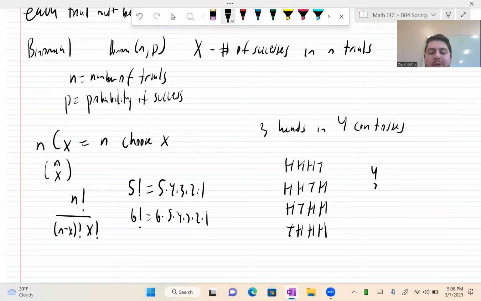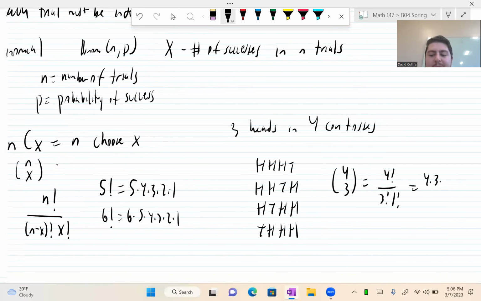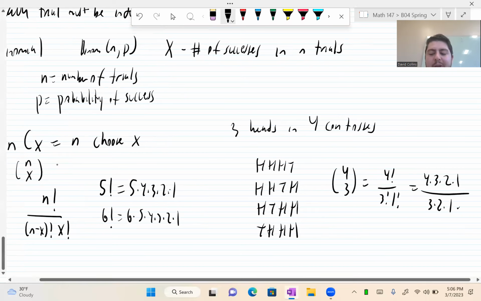This would be 4 choose 3, which is 4 factorial over 3 factorial times 1 factorial, which is 4 times 3 times 2 times 1 over 3 times 2 times 1 times 1. Well, that's 4.